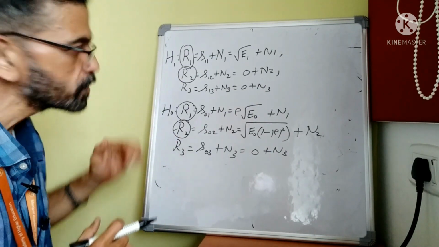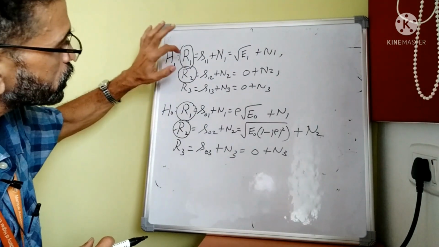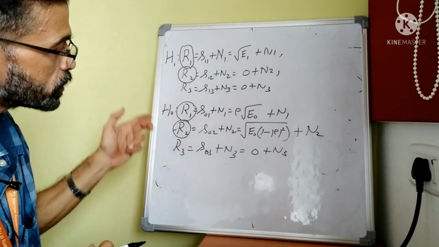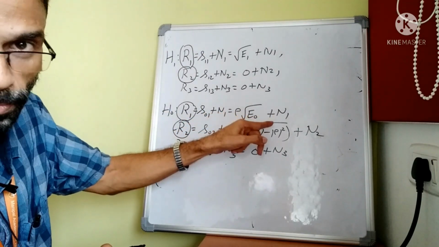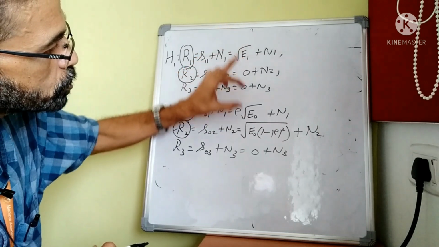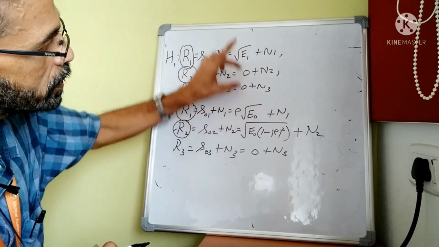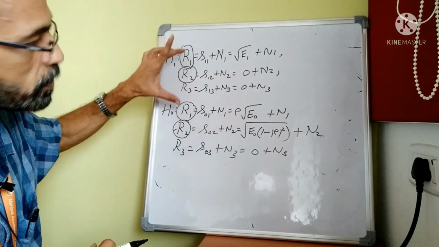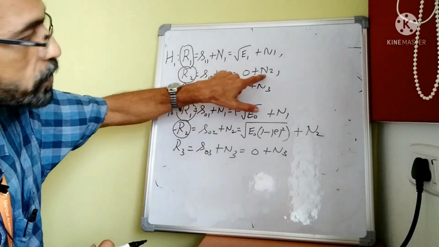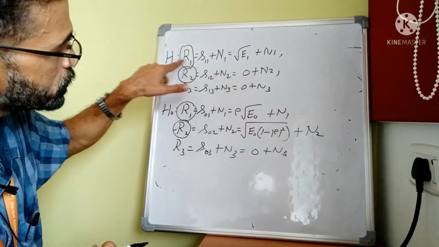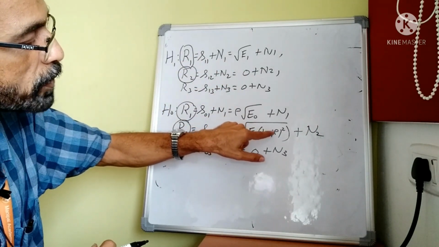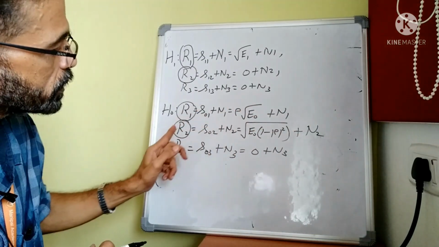Now what I mean is, if you look at R1, when H1 is true it is root E1 plus N1, and when H0 is true it is rho root E0 plus N1. So the information on which hypothesis is true is embedded in this random variable R1. R2, if you see, is 0 plus N2 when H1 is true, or root E0 times 1 minus magnitude rho square plus N2 when H0 is true.